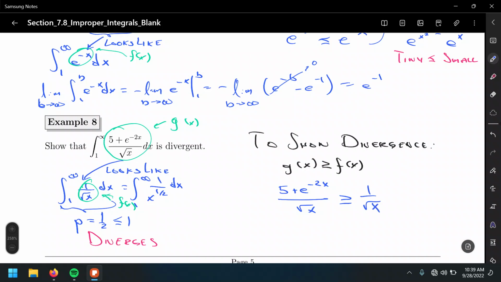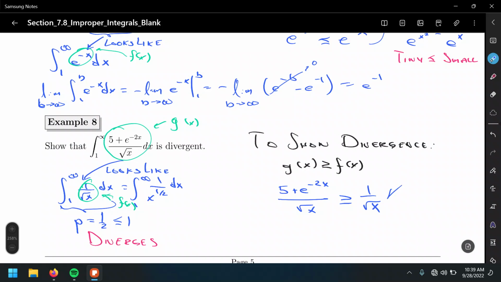Is this quantity bigger than that quantity? I mean, the denominator is always the same. But for large values of x, even though we have this e to the negative value, which will become very tiny for large values, this 5 is always larger than 1. So in this case, that's good enough to show the divergence.